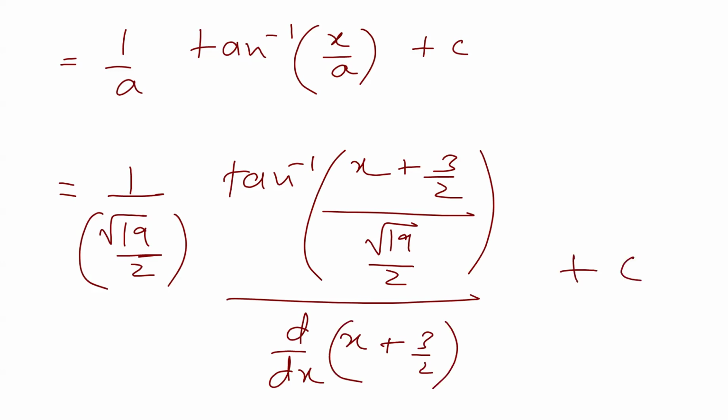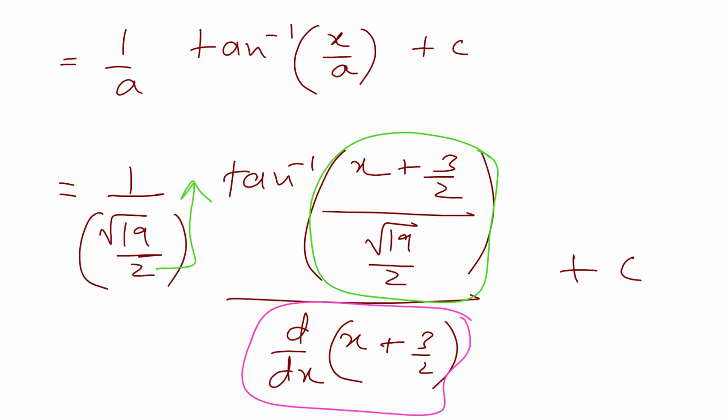Now within the round bracket, for the tan inverse term, take the LCM, and this 2 will go up. And in the denominator, d by dx of x plus 3 by 2 is 1.